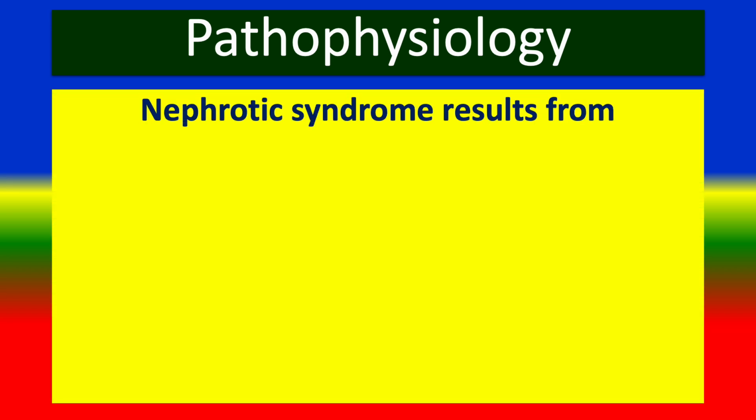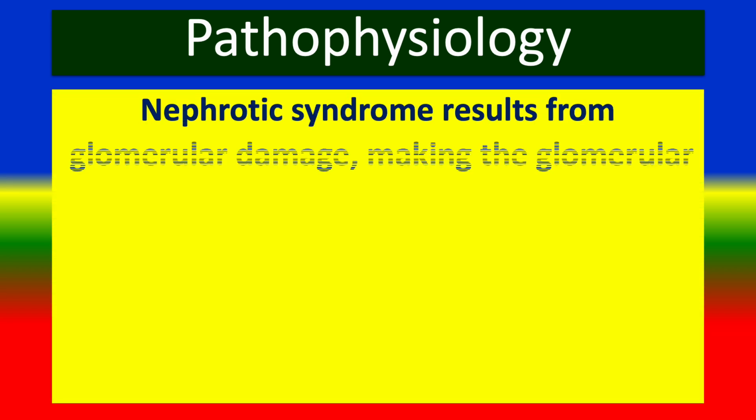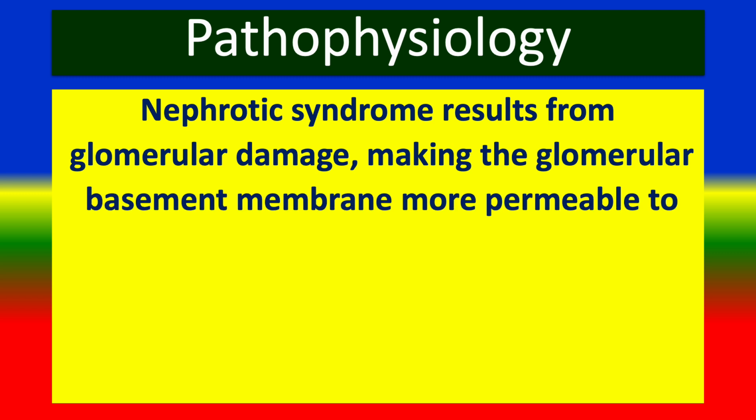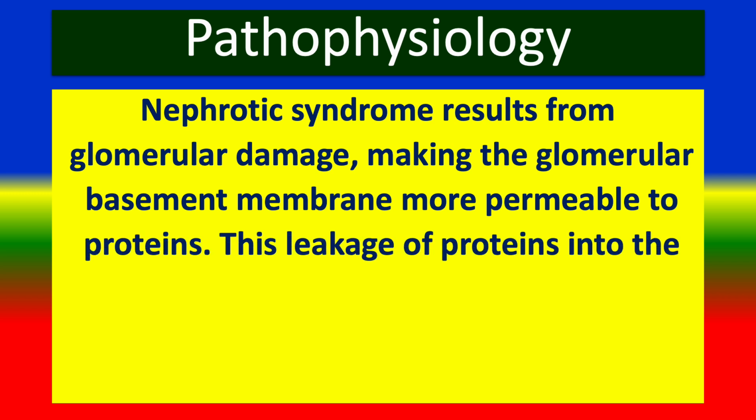Pathophysiology. Nephrotic syndrome results from glomerular damage, making the glomerular basement membranes more permeable to proteins.